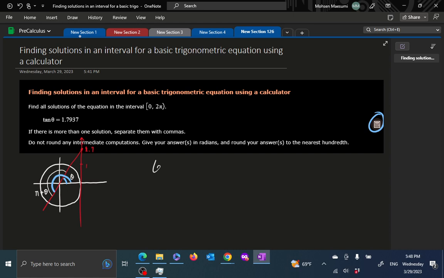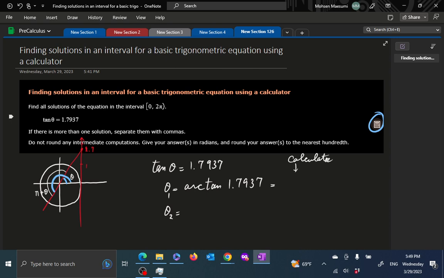So how do we set this thing up? So tangent of theta is equal to 1.7937, etc. Theta becomes arctangent of 1.7937. That is solution number 1. Solution number 2. So this one we look up in the calculator.